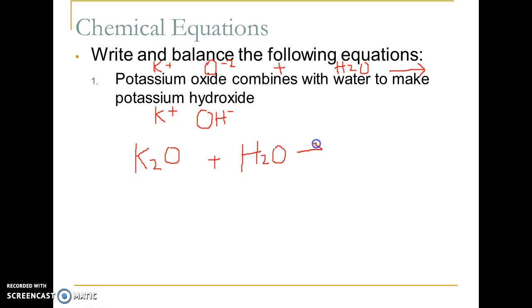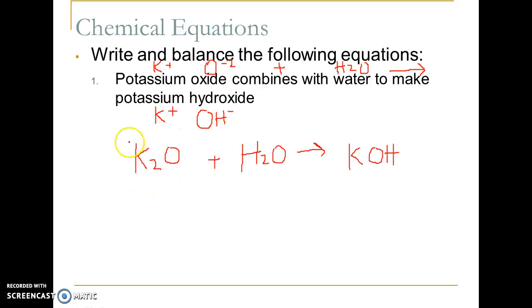We'll make, so that's our arrow, potassium hydroxide. Those charges balance out to equal 0, so I don't need any extras, so I'm going to write KOH here. So here's our chemical equation, and now we're going to see if it needs to be balanced.